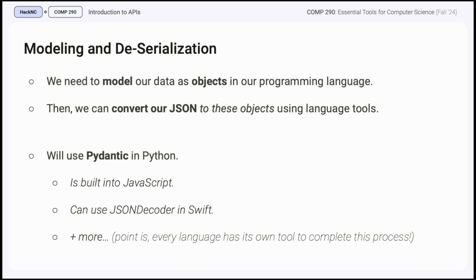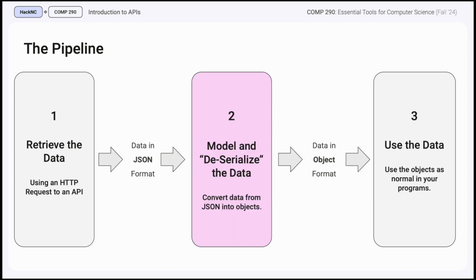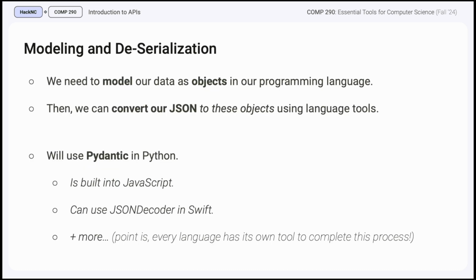In Swift, there's something called JSONDecoder. No matter what type of project you're working on, if you search for "deserializing data in X programming language," you'll typically find the tool that allows you to do it. But the steps we're going to take today should be relatively the same across any language.